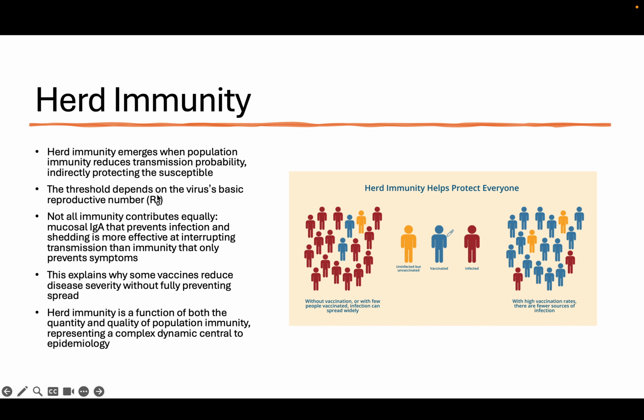In the case of certain viruses like SARS-CoV-2, I think the reproductive number was 7 or 8, so this person can infect 7 or 8 people. So you need a lot of herd immunity. You need a lot of people to be vaccinated to protect the unvaccinated. Depending on the virus, you need a certain threshold of herd immunity. So how many people need to be vaccinated?